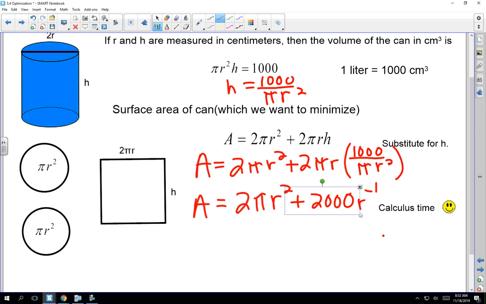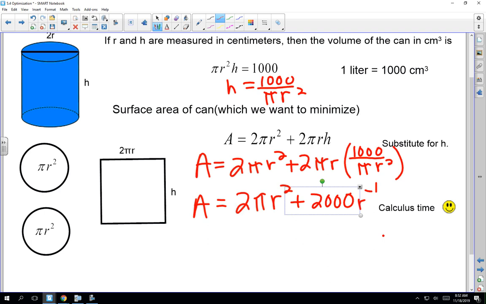This is the type of thing somebody calculated at one point: for this given cubic centimeter amount of liquid that you want, what's the minimum amount of surface area you need, because when you're mass producing them, that's how you're going to save on cost.